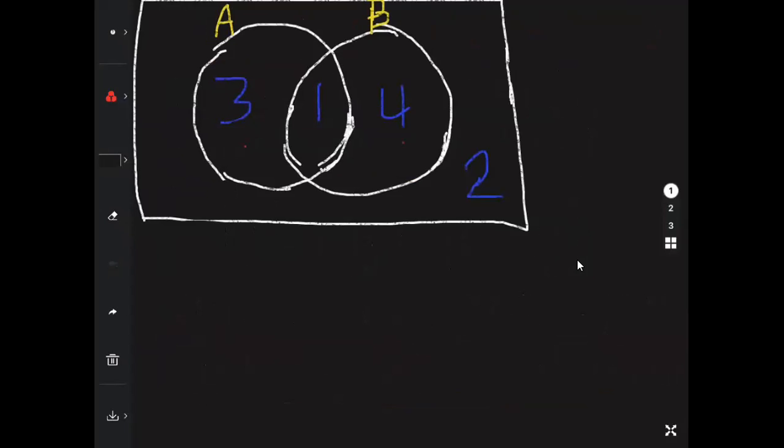So what we're going to do now is have a look at finding whether these two events are independent or not. So let's start off by, if we remember that rule, the probability of A given B has to be equal to the probability of A. So let's find the probability of A first. So we've got our 3 and our 1 here, which we can add together, which will give us 4.